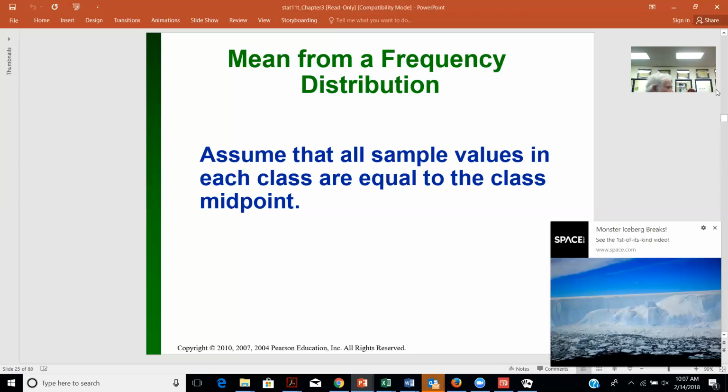We do that for each range, for each class, total it up, and then divide by the total number of data points. Does that make sense? As I say, that's an estimate, because we really don't know in that first range, 2 to 5, if all the numbers are 4 or all the numbers are 2.